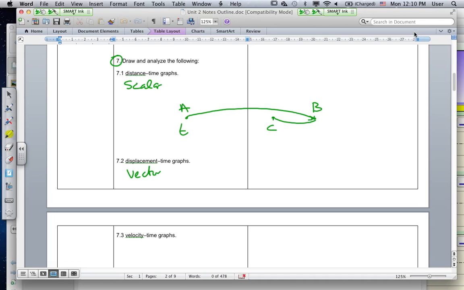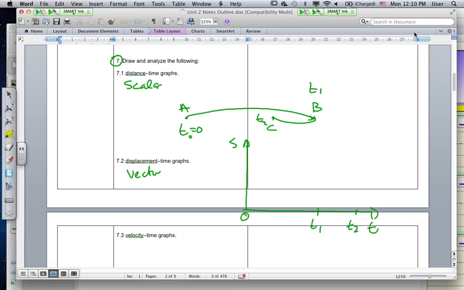Let's say this is at t equals 0, I'll call this t0, I'll call this t1, and I'll call this t2. Then if I was plotting a graph of displacement against time, this would be 0, this would be t1, and this would be t2.